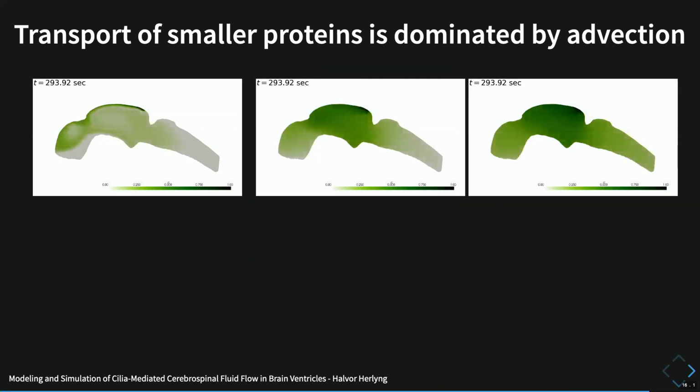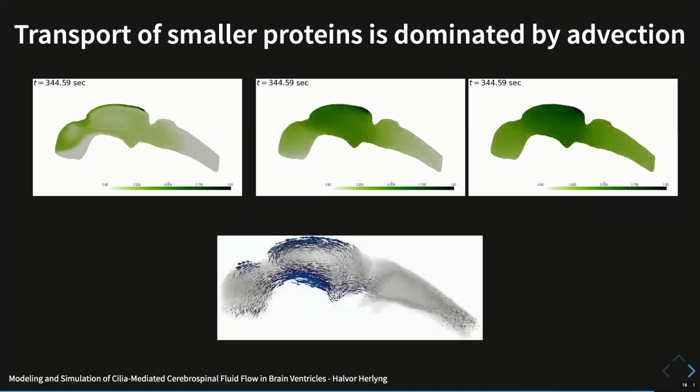In all of these, this very dark green part is the injection site. This is with the smallest diffusion coefficient, a medium one, and a larger one. For the very small diffusion coefficient, one can really see the same type of flow structures as in the velocity field, whereas it's more smudged out for the higher diffusion coefficients.